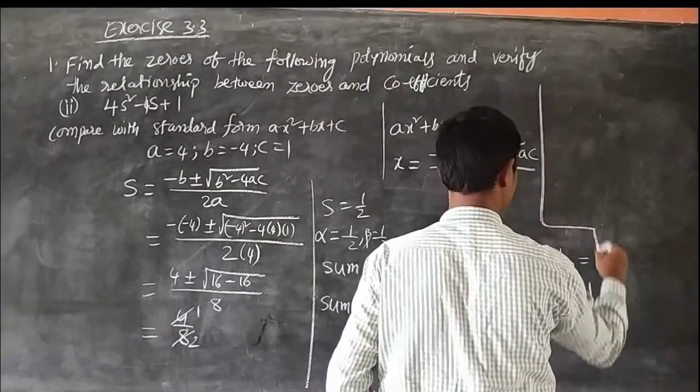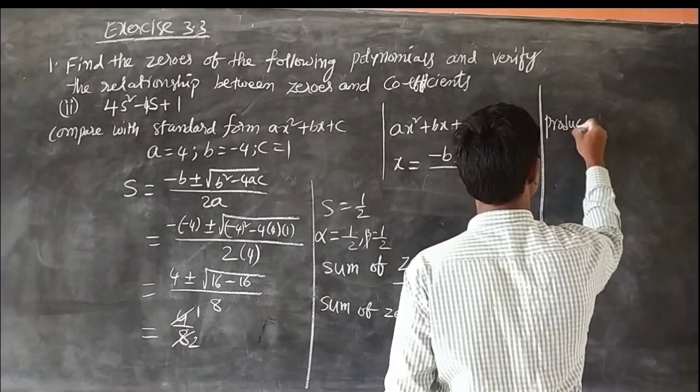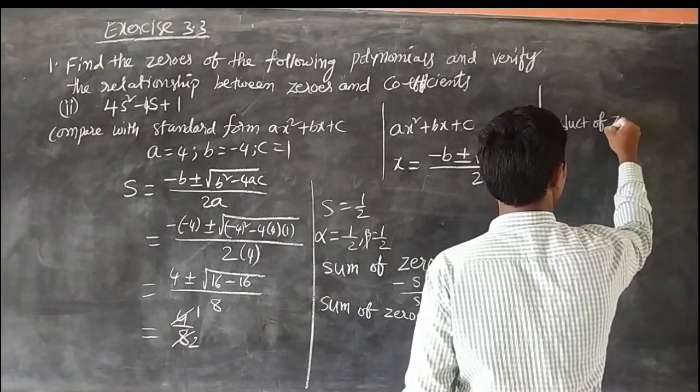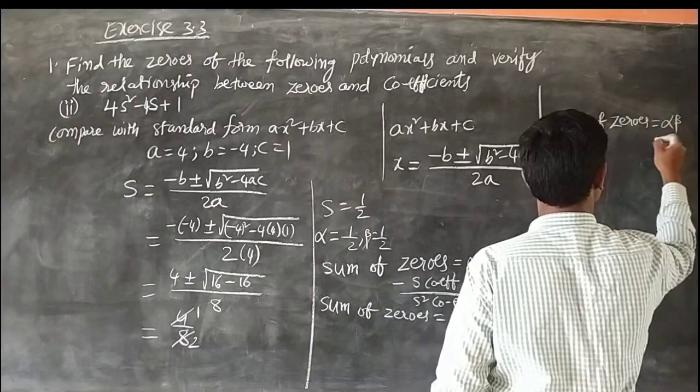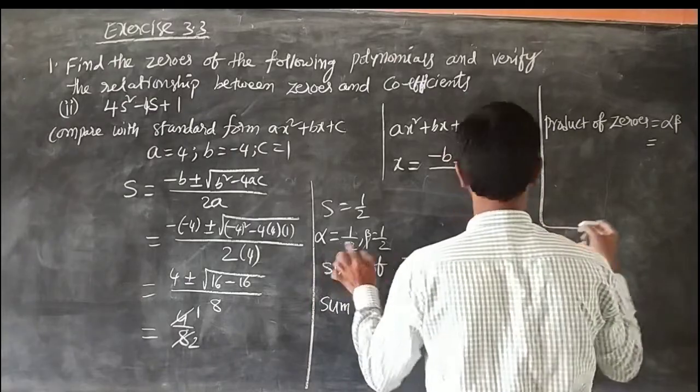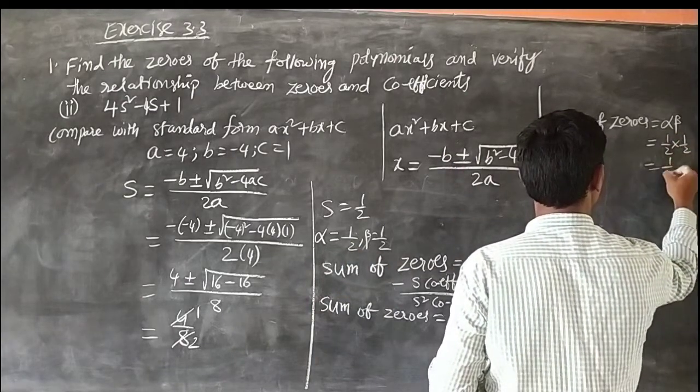Next, product of zeros. It is equal to alpha into beta. Alpha into beta, 1 by 2 into 1 by 2, that is equal to 1 by 4.